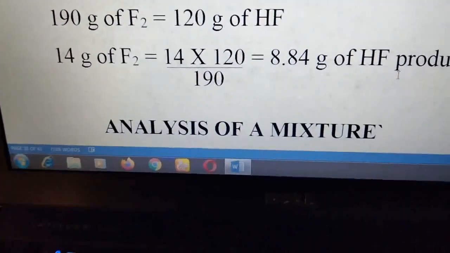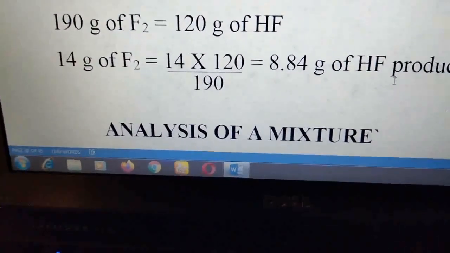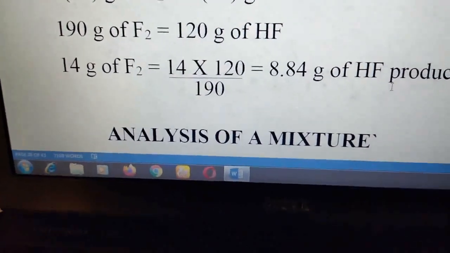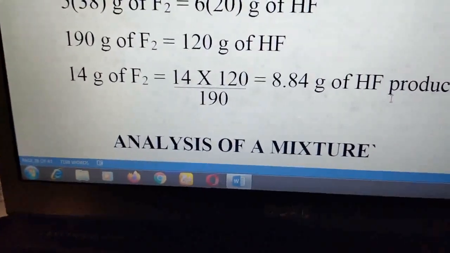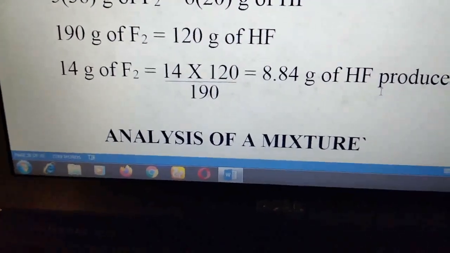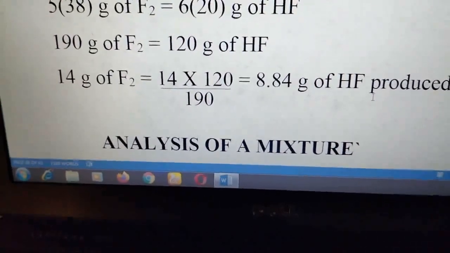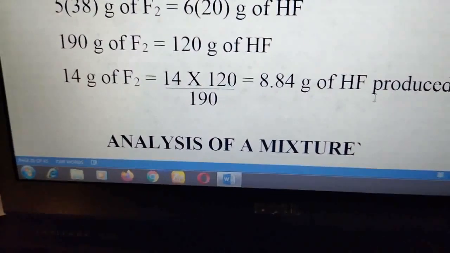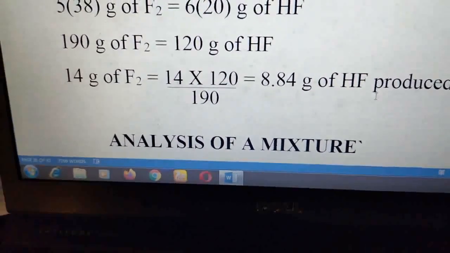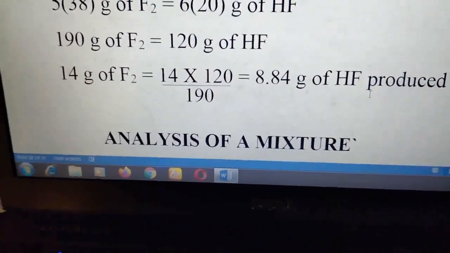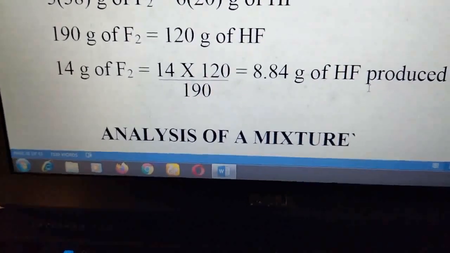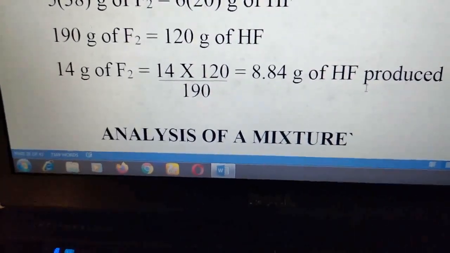Introduce 20 grams, for instance, and 15 grams will react. That means you're going to have an extra 5 grams remaining. But if the initial mass or mole is less than the expected reacting mass, that means the substance is insufficient or limiting. Introduce 5 grams and you expect 10 grams to react. It's not possible. That means what you introduce is not sufficient, so it is a limiting reagent.